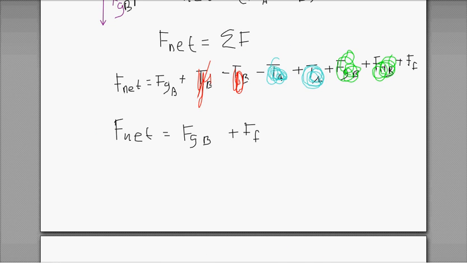So when you solve for your values, let's just say that this is negative 9.81 newtons and this is 3.3 newtons. What I'm trying to stress is that when you put these into your formula, they have to be opposite values.